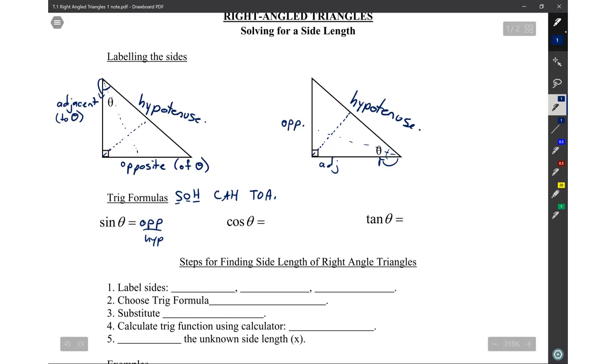All of these formulas are built the same way. It means our cosine of theta equals our adjacent side length divided by our hypotenuse side length. And that means our tan theta equals our opposite, that O stands for opposite, divided by my adjacent side length.